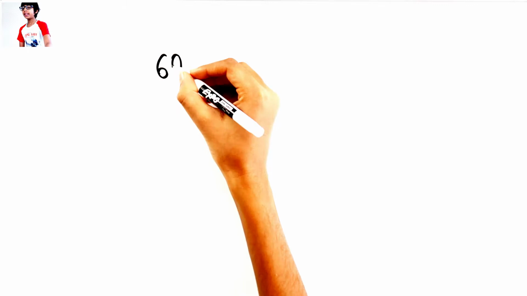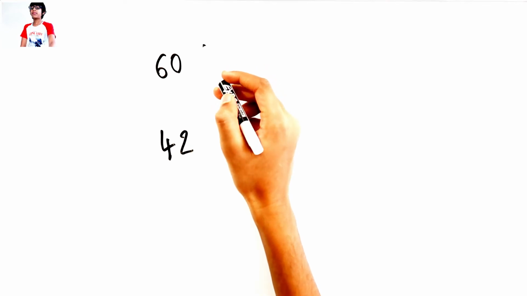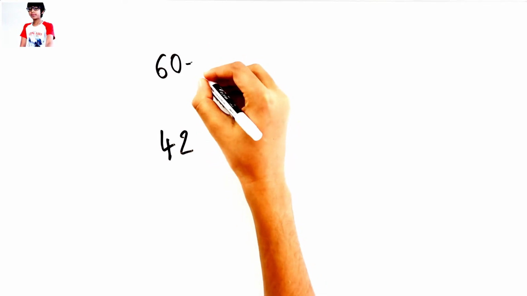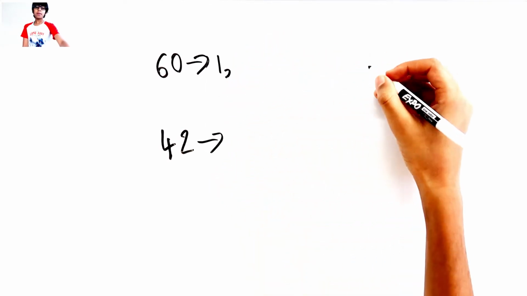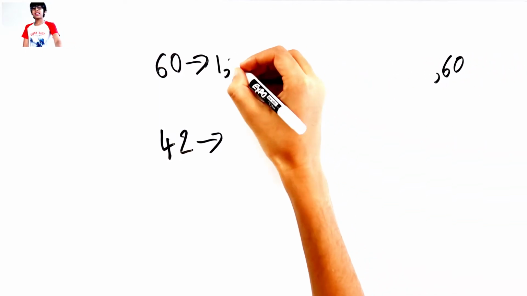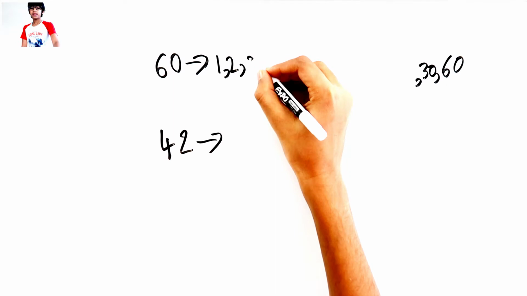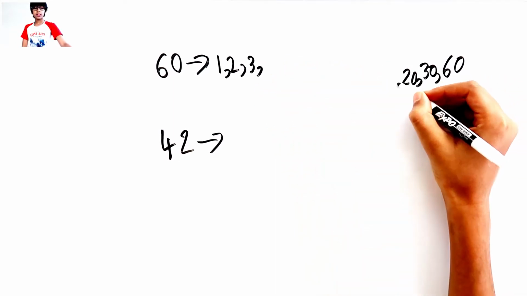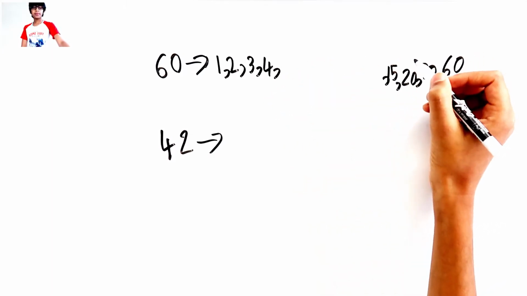Now, let's take another example. So, it's 60 and 42. Now, let's find the factors for 60. 1 times 60 is 60. 2 times 30 is 60. 3 times 20 is 60. 4 times 15 is 60.